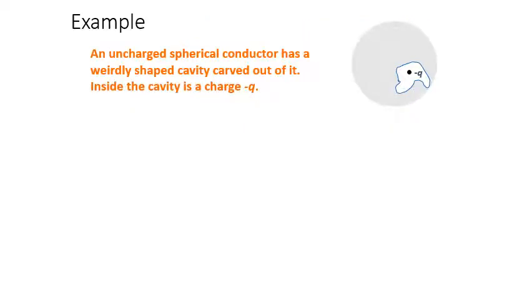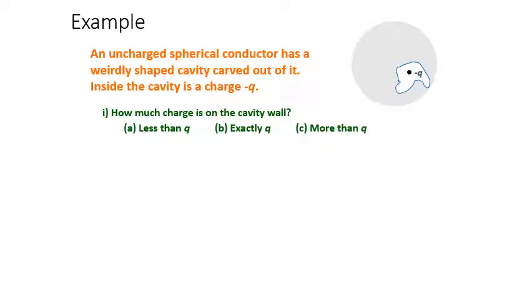An uncharged spherical conducting shell has a oddly shaped cavity carved out of it. Inside the cavity is a charge minus Q. We have a spherical conductor which has a cavity, and there is no particular shape of this cavity, and inside the cavity we have kept a charge minus Q. How much is the charge on the cavity wall?